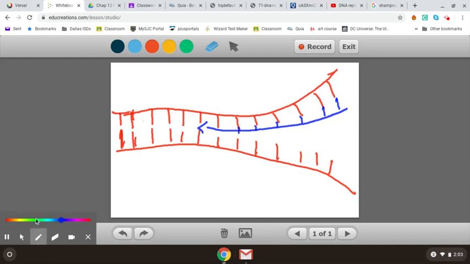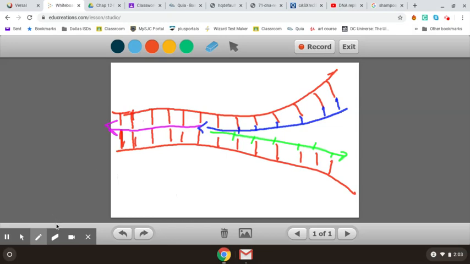And then we're going to have our other one working in this direction, making the complements over here on this side. Eventually, both of them will get to the end, right?